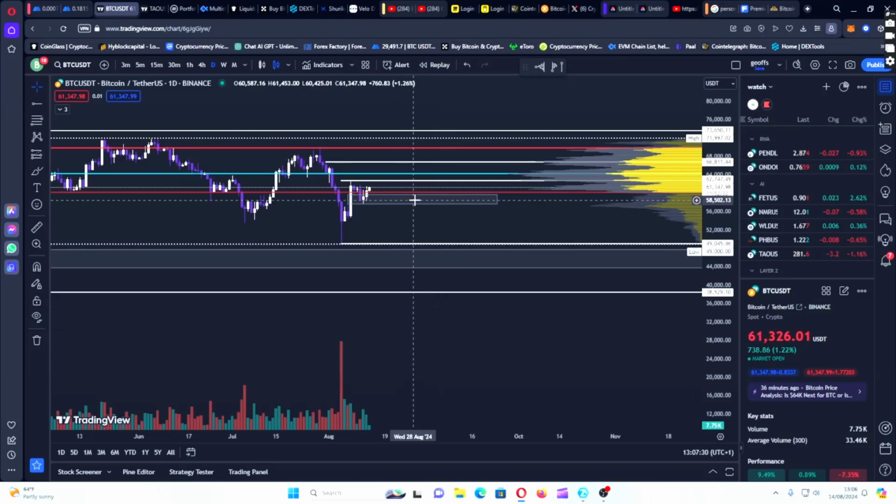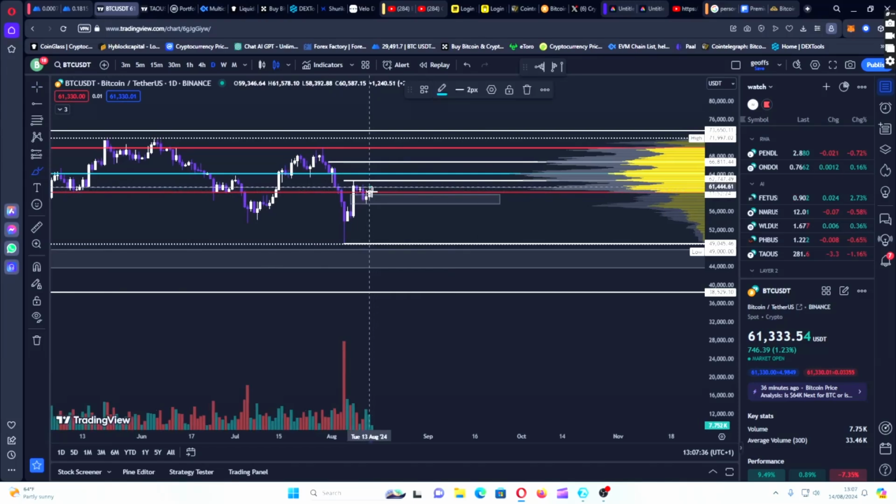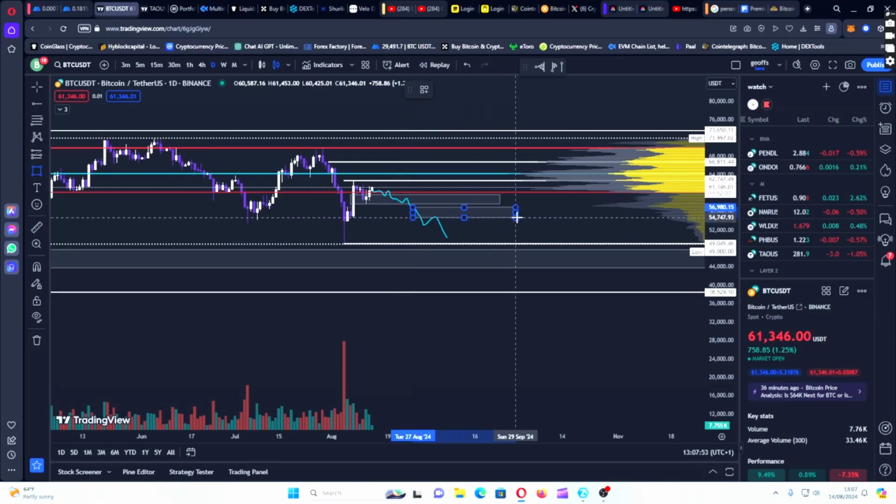Right, so like I say, we're in this bullish fair value gap at the minute. Before I can really go bearish, I want to see something along these lines, and I want to see it invert that fair value gap. I want to see it invert that bullish fair value gap, and then create a bearish fair value gap around this area here.